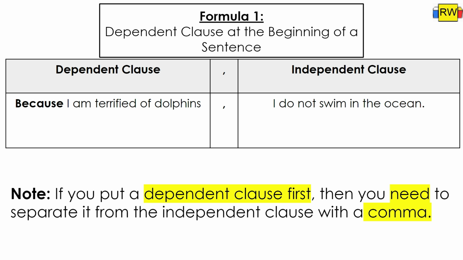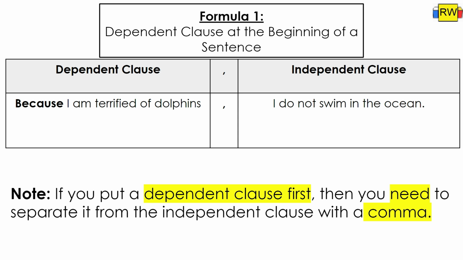How is this a dependent clause though, Mr. Goody Grammar? Great question. It is a dependent clause because it has the word because in it, which is the B in SWABI. And it goes all the way until that comma, because that comma will offset it from the independent clause that follows. I do not swim in the ocean.